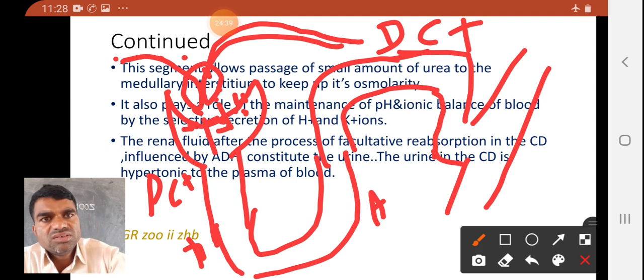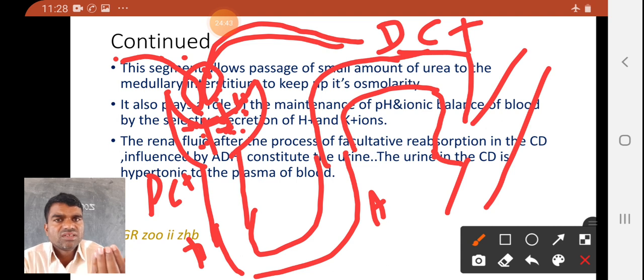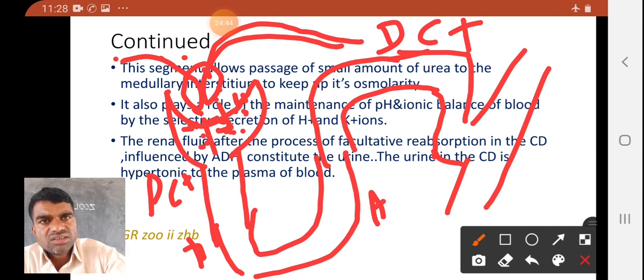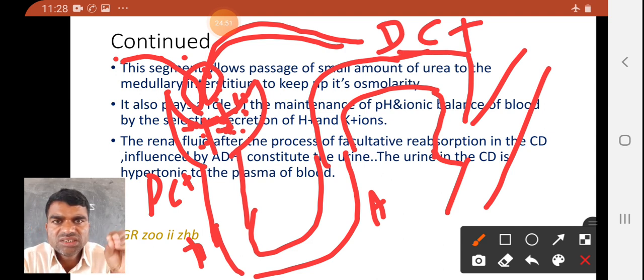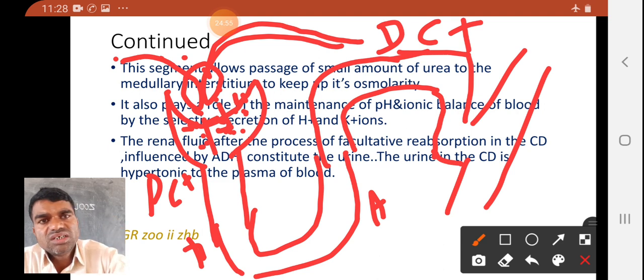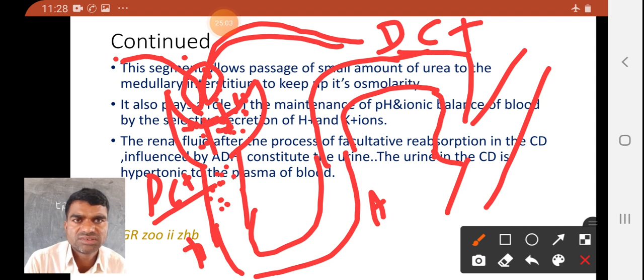Now H2O molecules are forming into the cup-like structure and reaching into the PCT, proximal convoluted tubule part. Approximately 70 to 80% are reabsorbed in the neck region, which is called the PCT part.